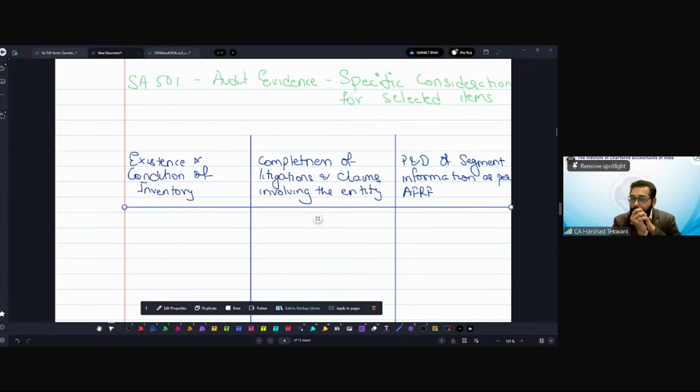Those who have performed. So we observe the physical inventory counting procedures that have been performed by the management personnel. What procedures they are performing to identify different types of inventory classes, and how they measure the inventories. They maintain some kinds of registers. We also cross-check those registers.